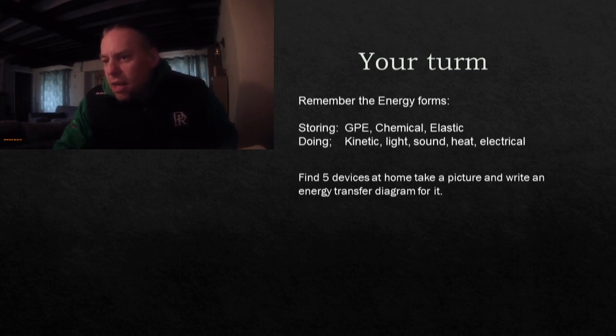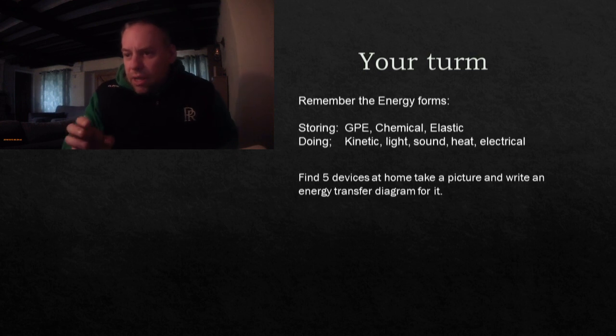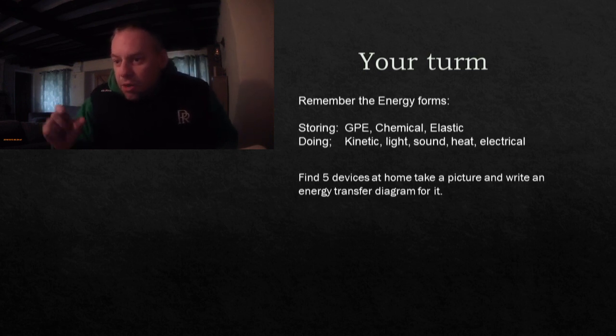So we can start our energy transfer chain at the point that we do know, which is with the electrical socket. So if it's a plug-in device, start with electrical energy as your first. If it's a battery device, then your battery contains chemicals, and that should be a clue for how to start that energy transfer chain. So come back on for the summary once you've got your 5 different devices with energy transfer chains.